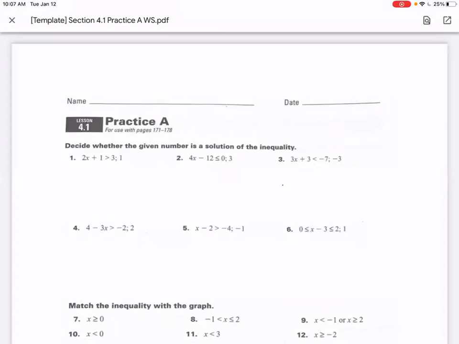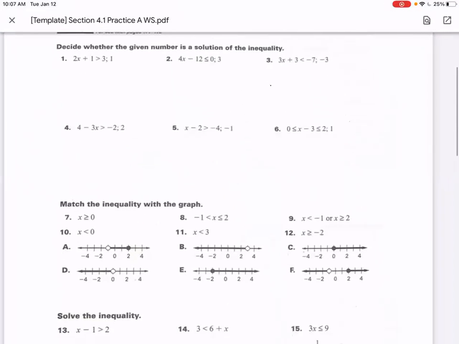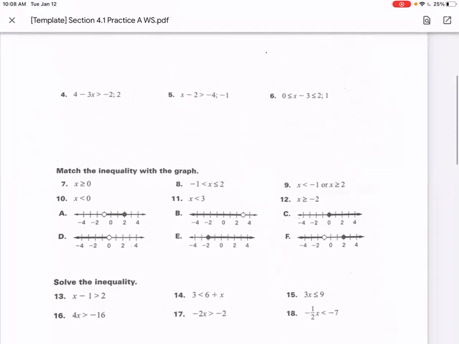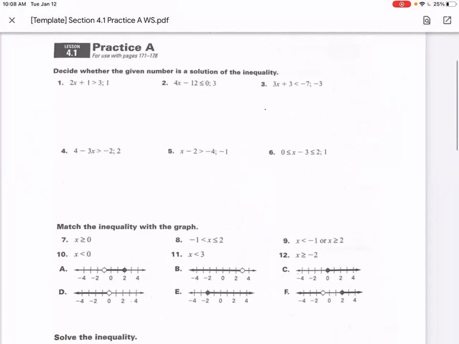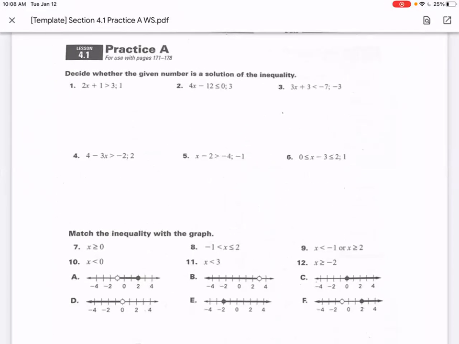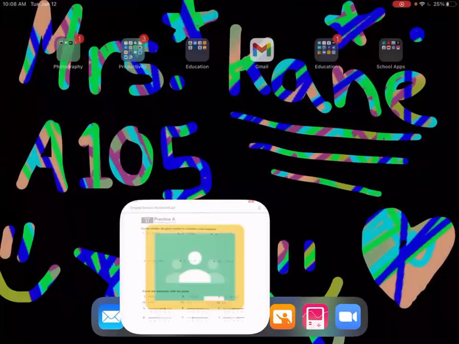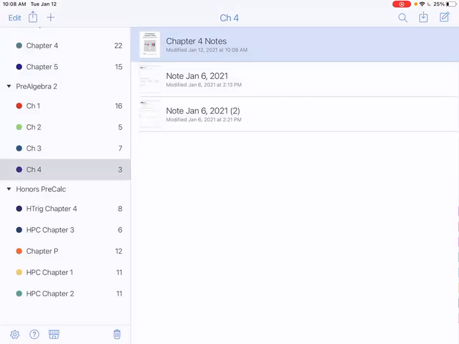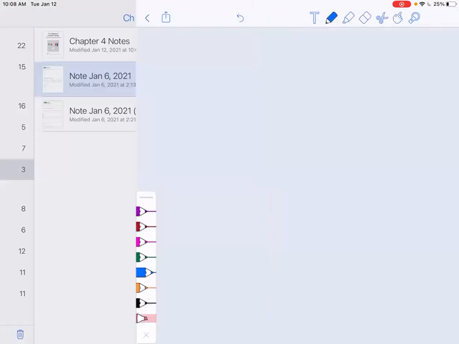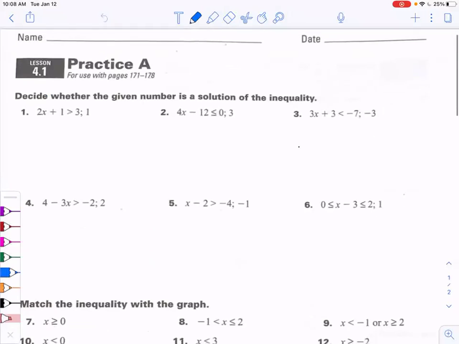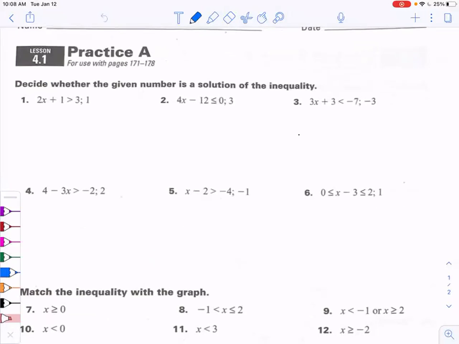So clicking on the attachment, we have this practice worksheet for section 4.1. And I want to go over the first couple with you. So let me get this downloaded for myself as well. Here we go.